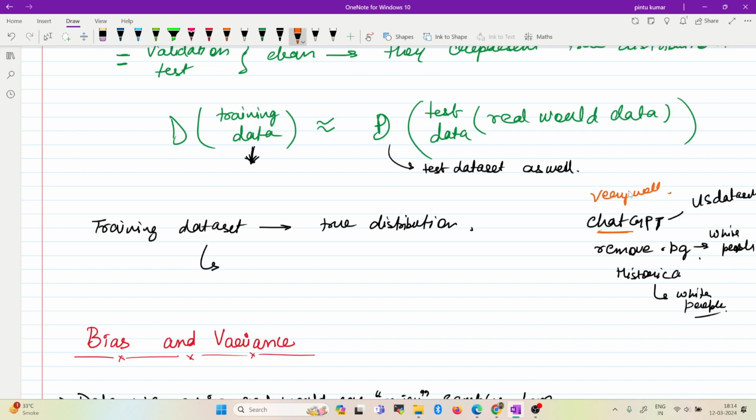Let's say you have fitted very well to your training data set. Let's say for Chat GPT, you just trained it on the US data set and you fit very well on the US data set. So when you release it to the world, let's say some Indian person is giving it some input, Chat GPT might not perform very well on it.